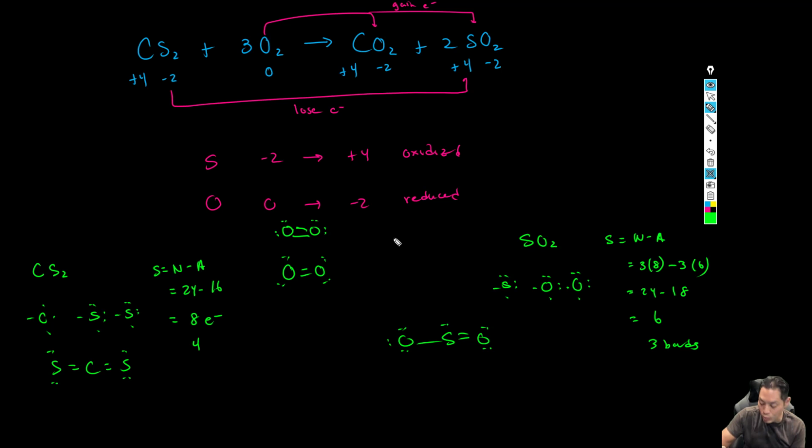But you could do it the long way. And the last one is CO2. I'll do it over here. CO2. So we have carbon 1, 2, 3, 4. Oxygen 1, 2, 3, 4, 5, 6. The numbers are going to look exactly like this. So there's going to be 8 shared electrons, 4 bonds. So again, it's going to look just like CS2, but it's going to be CO2.